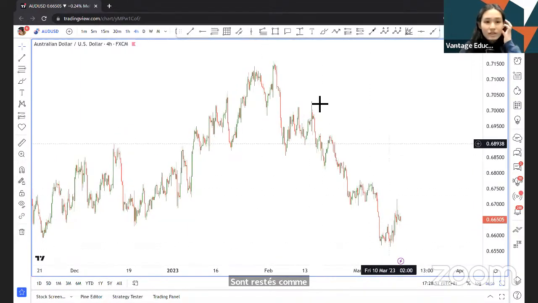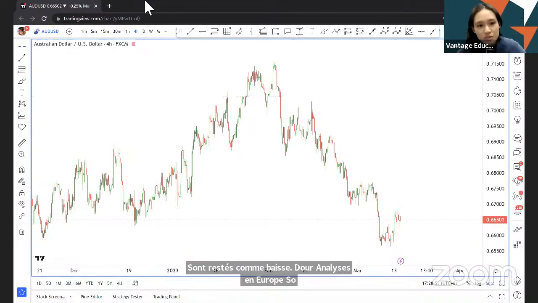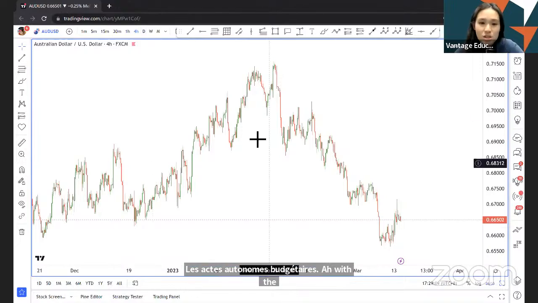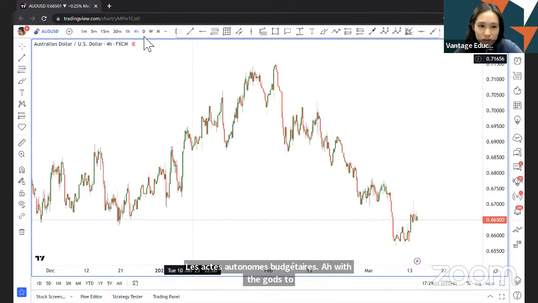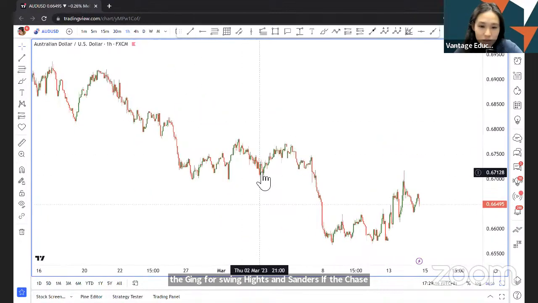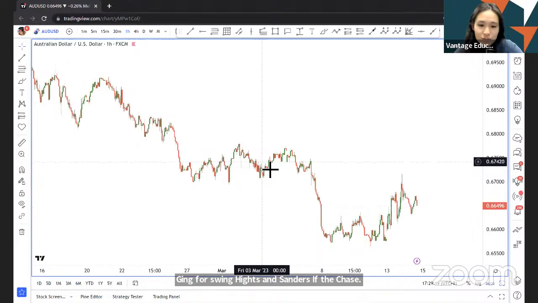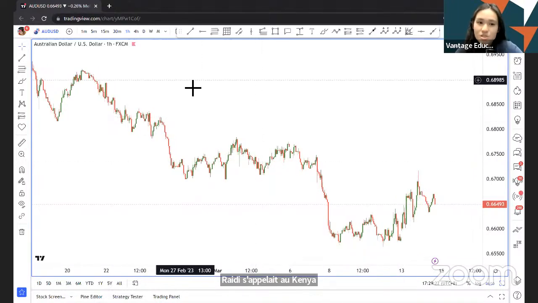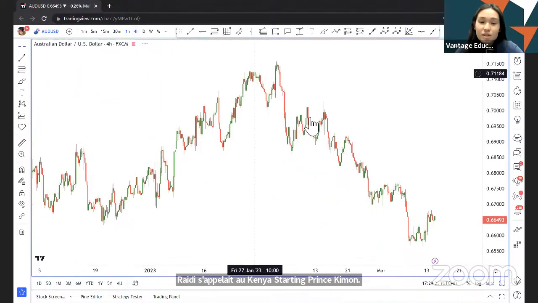Previously we had a question on which time frame to use. We like to alternate between 1 hour, 4 hour, as well as daily. With regards to looking for swing highs and swing lows, if you are looking for starting points, you want to choose a chart that has significant market structure.